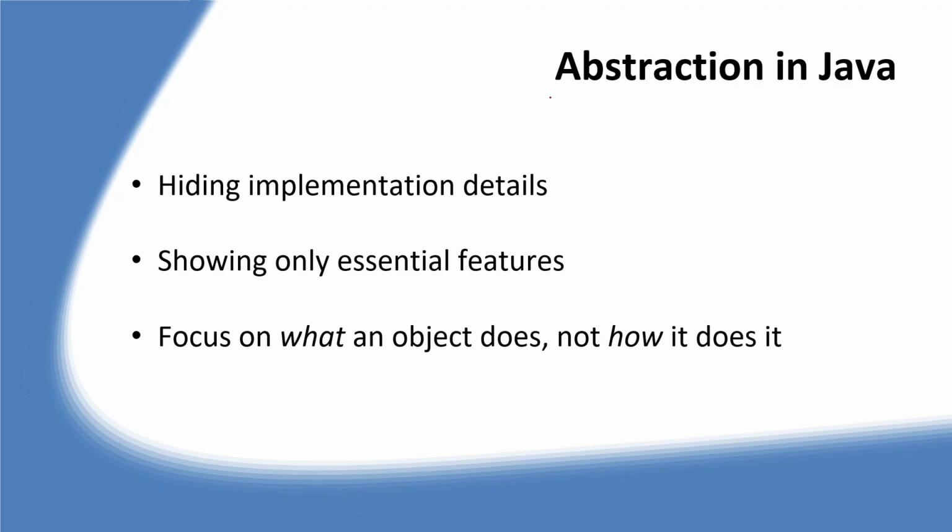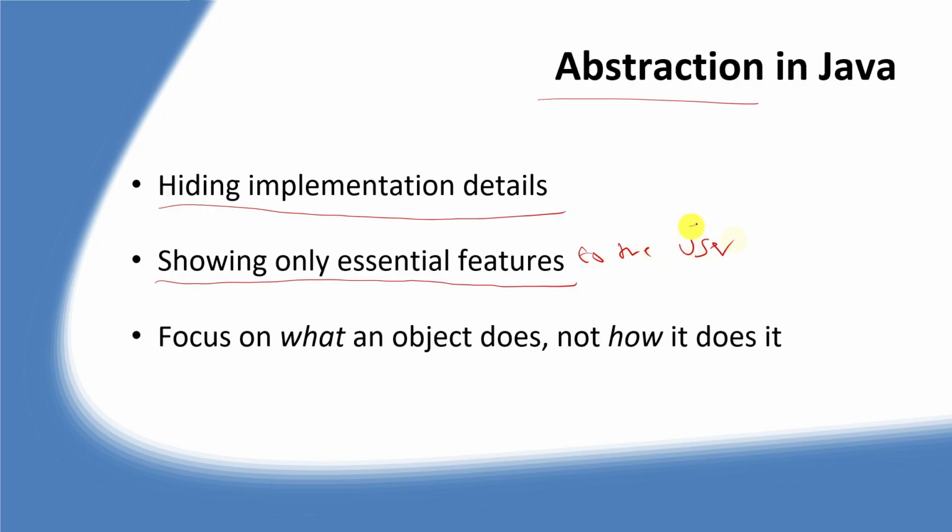So what is abstraction? Abstraction means hiding implementation details and showing only essential features, essential functionality, to the user or end user.